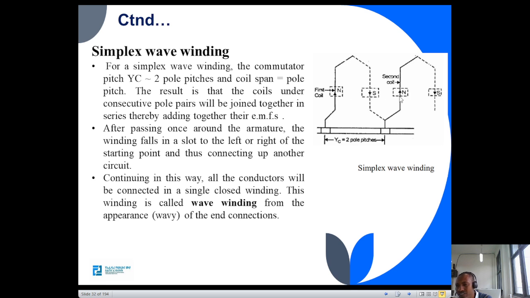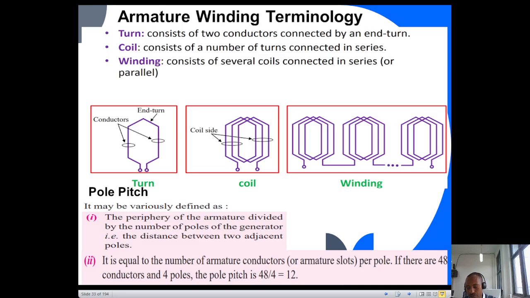They are going to be placed under the same pole. After passing once around the armature, the winding falls in a slot to the left and the right of the starting point, and thus connects up another circuit. That's how this wave form connection is formed. We'll see it in detail later on.